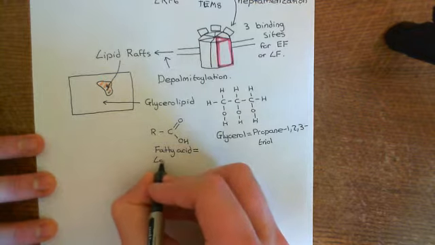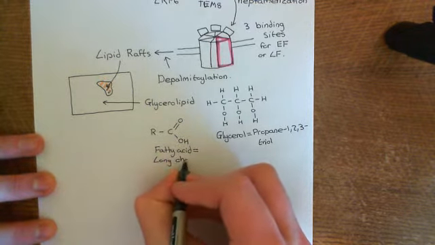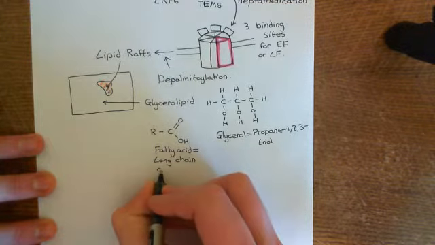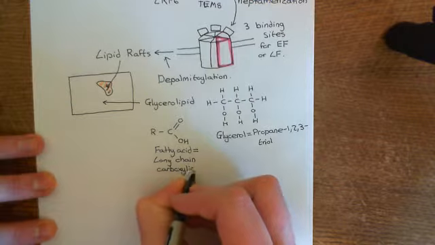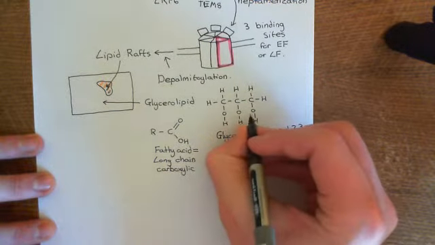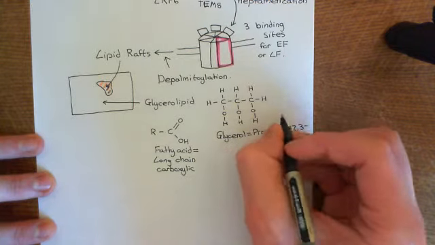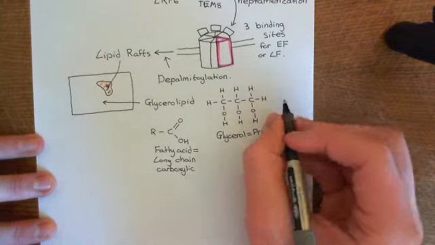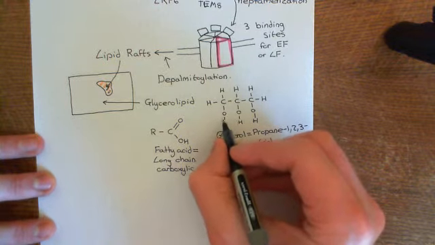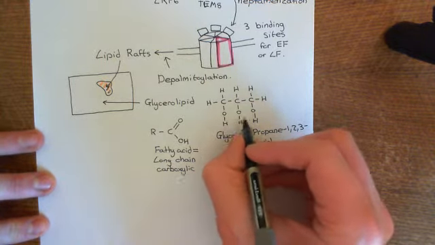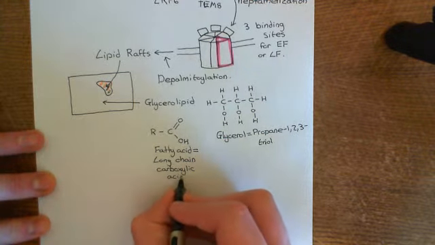It's a carboxylic acid that has a really long tail. And what you can do is esterify these long-chain carboxylic acids to the alcohol groups of the glycerol molecule to create monoglycerides, diglycerides, triglycerides. If you put a single carboxylic acid molecule onto one of these alcohol groups and leave the other 2 alcohol groups alone, that creates what's known as a monoglyceride.